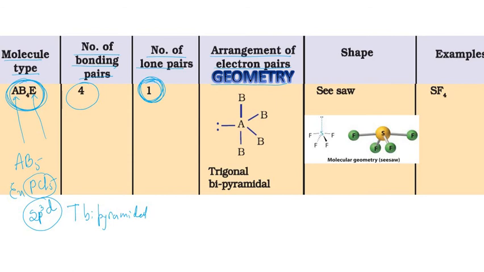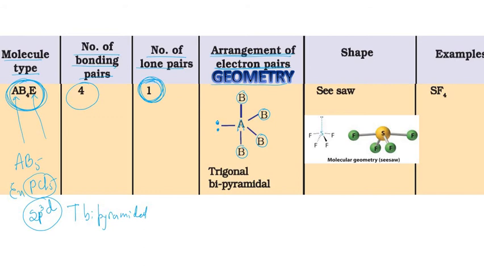When you see the geometry, which represents the arrangement of electron pairs including both bonding and non-bonding, you can see 4 atoms surrounding the central atom A, and one position is occupied by a lone pair.